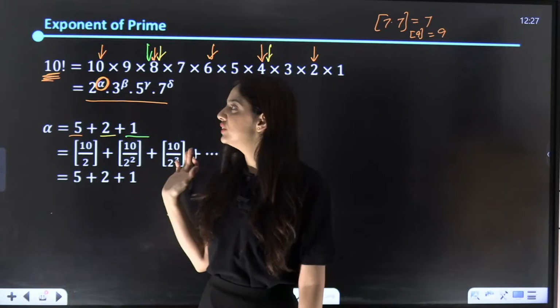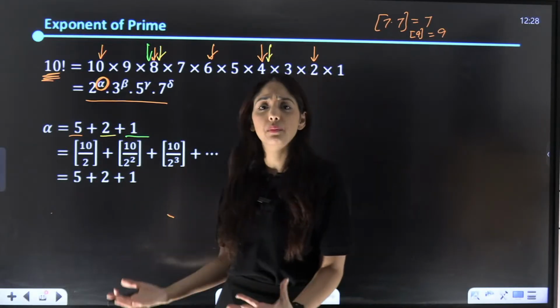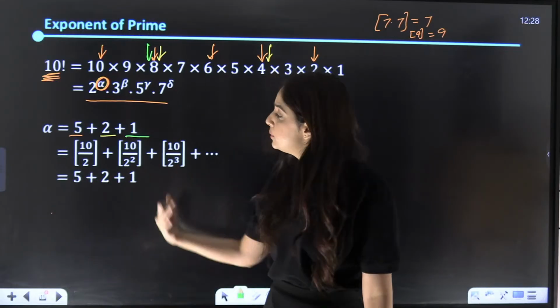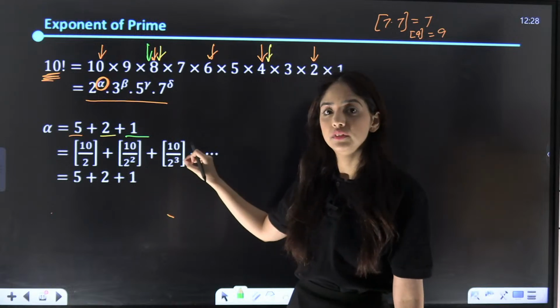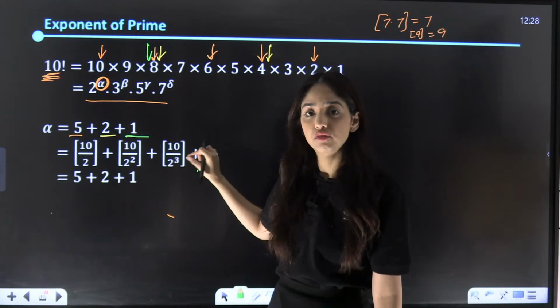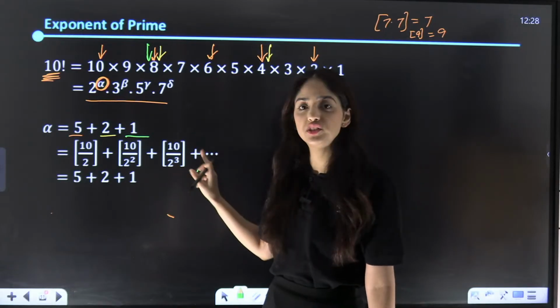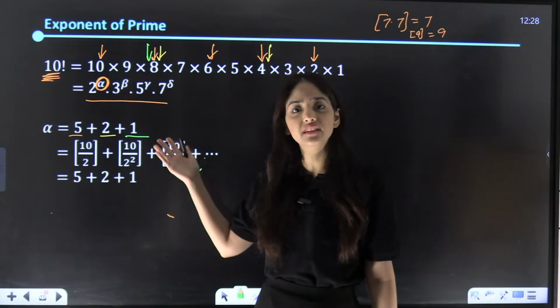Okay, so that is how we can calculate any prime number's exponent in any number's factorial. We just keep looking at this until the prime number raised to power 4 became greater than 10. We are not checking 2 raised to power 4. Why are we not checking 2 raised to power 4? Because 2 raised to power 4 is greater than 10.